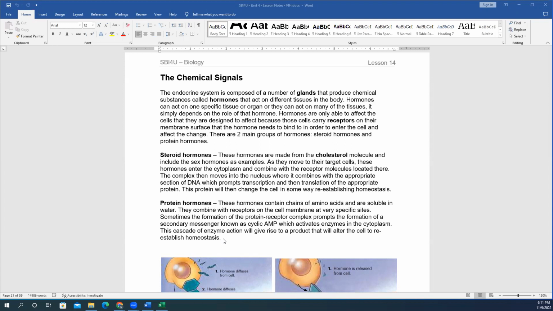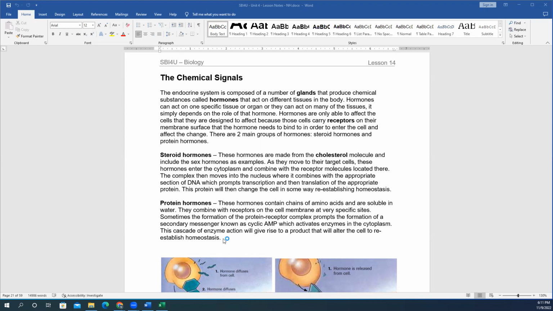So these organs are only able to affect the cells that are designed to be affected, because those cells have receptors on their membrane surfaces that the hormones can recognize and bind to, in order to gain entrance to the cell and bring about the change.